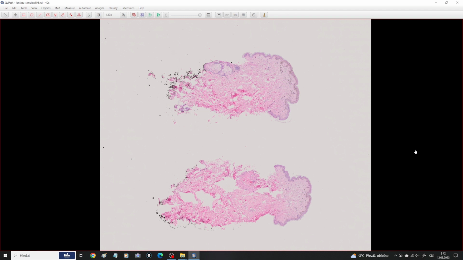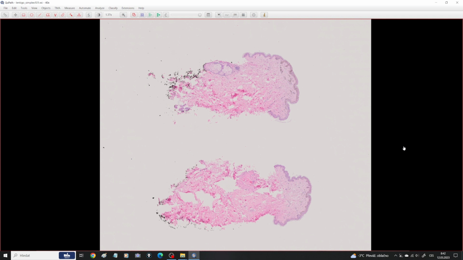So I think you will realize that this is not so complicated as it could seem at first glance. So we will start with the most simple one, which is the lentigo simplex, and then we will move to benign nevi, and we will finish with melanomas.